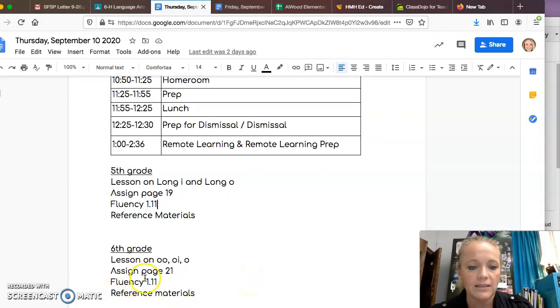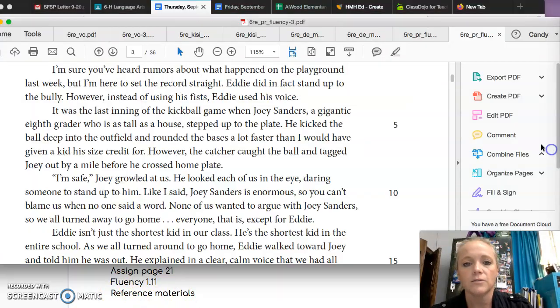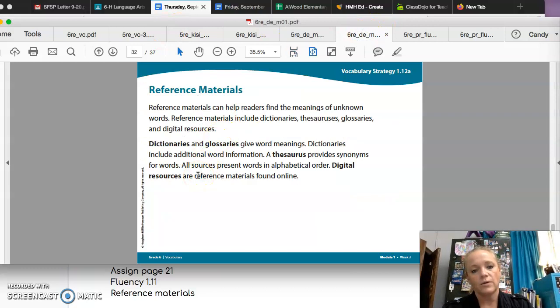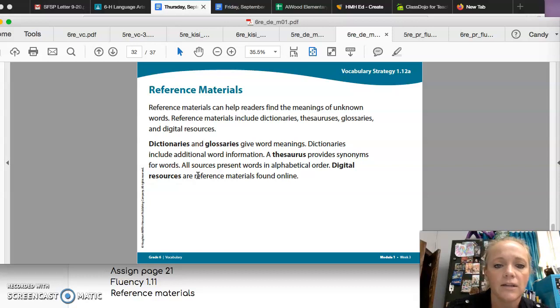And the last lesson that we talked about today was reference materials. And just quickly, we talked about the different kinds of reference materials: dictionaries, thesaurus, glossary, digital resources like, we talked about saying Siri or Google or whoever we want to help us.